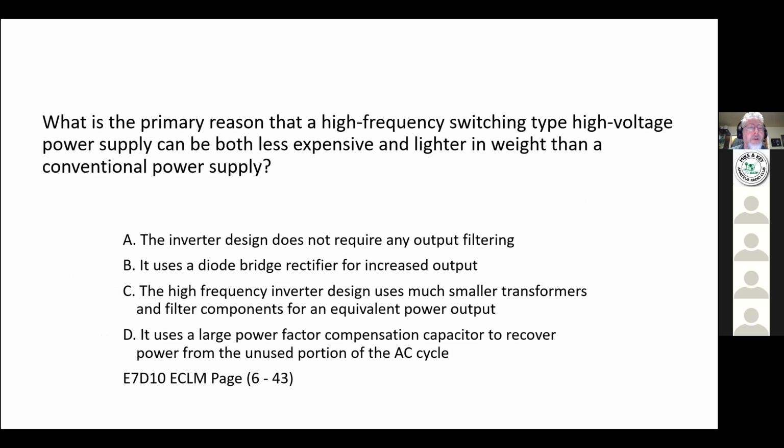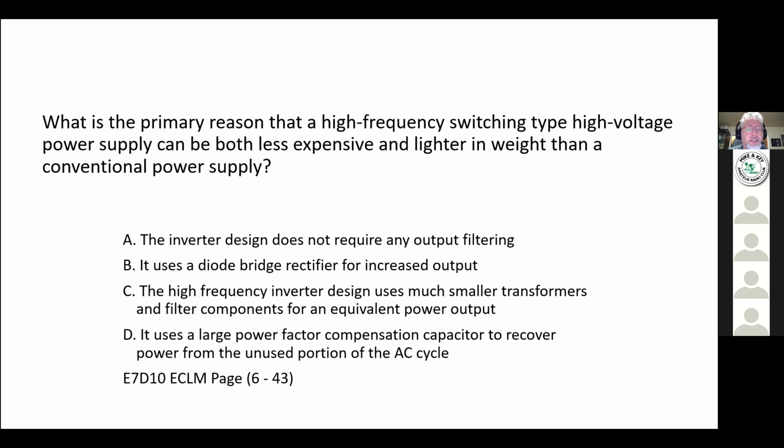What is the primary reason that a high-frequency switching type high-voltage power supply can be both less expensive and lighter in weight than a conventional power supply? A, the inverter design does not require any output filtering.